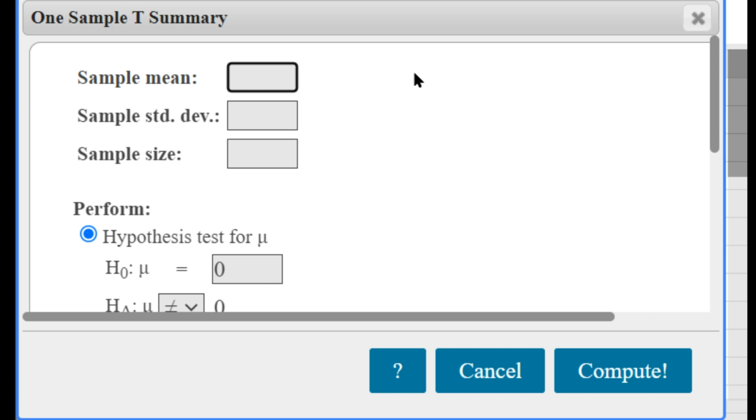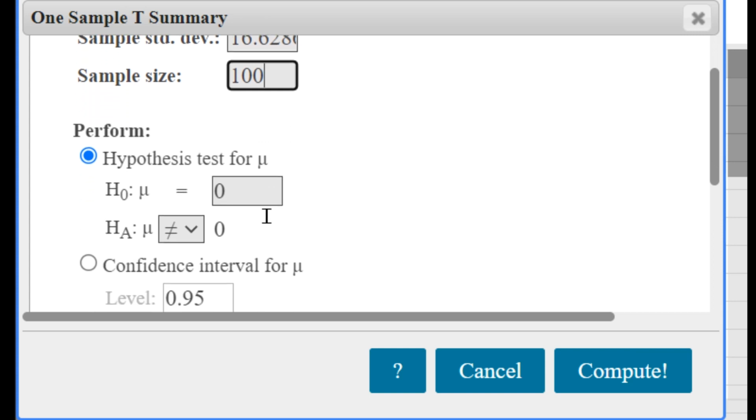The sample mean was 123.82. The sample standard deviation was 16.62865, and the sample size was 100. I'm doing a hypothesis test to check if mu is equal to 120 or if mu is greater than 120.